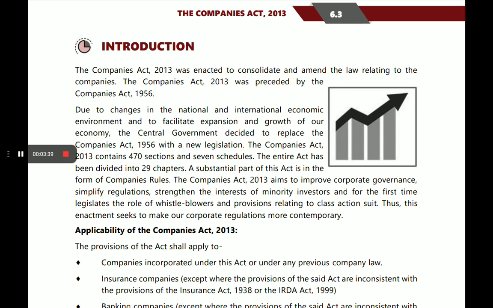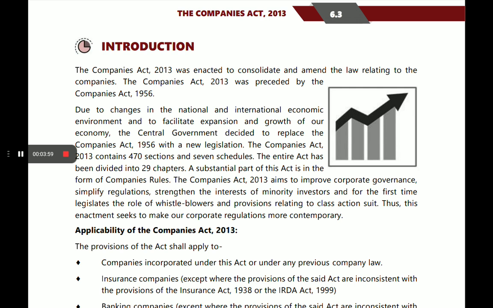The entire Act has been divided into 29 chapters. A substantial part of this Act is in the form of Companies Rules.